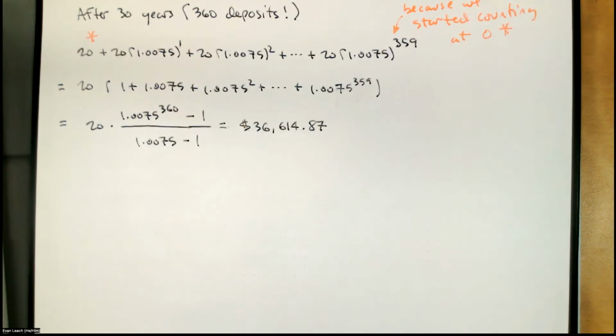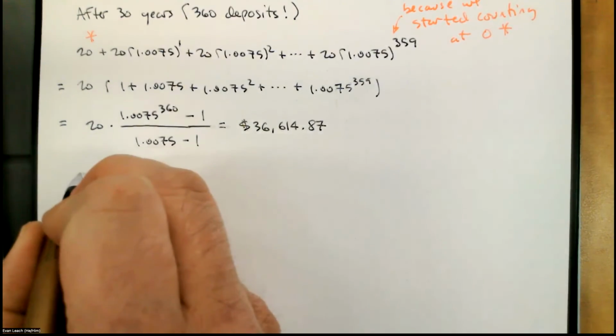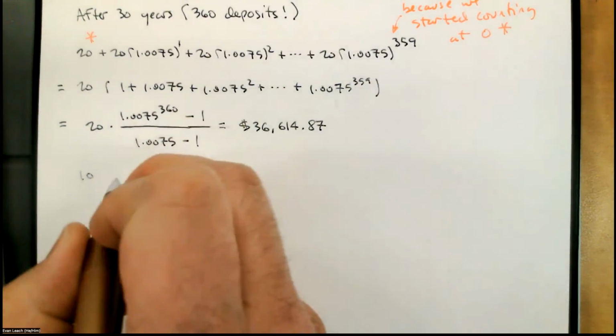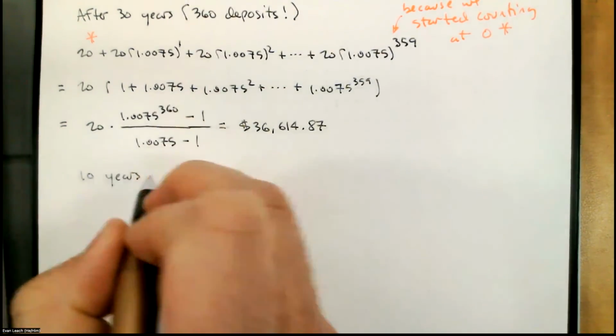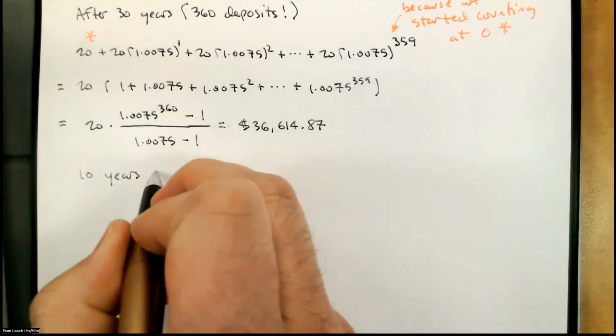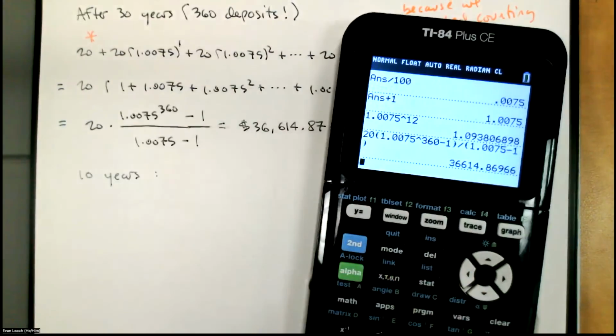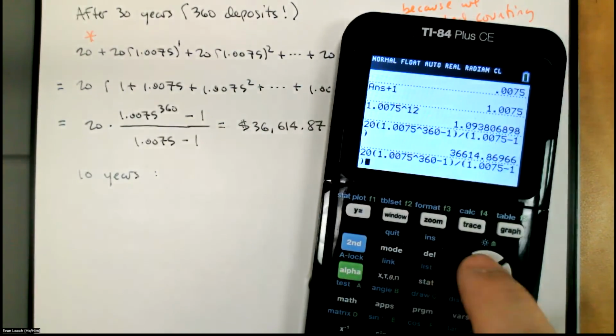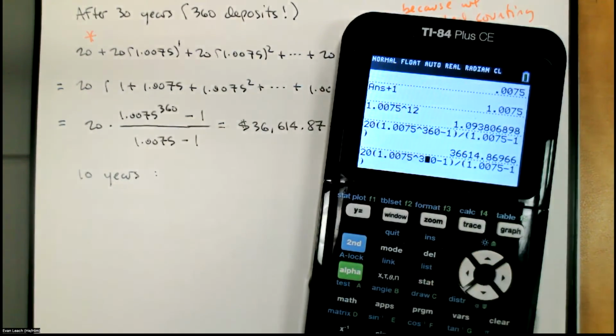Moreover, this would be pretty easy to modify for different lengths of time. So 10 years would be 120 deposits.